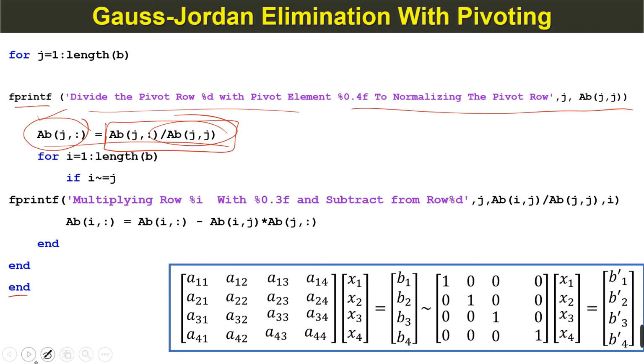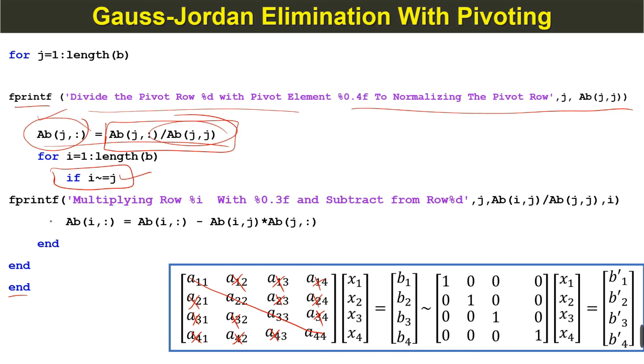Next we use the Gauss Jordan elimination method, in which we eliminate the off diagonal elements. This is the diagonal element, and we eliminate all those elements which are off diagonal, other than the diagonal elements. We eliminate all these terms for i not equal to j, meaning the elements which are not on the diagonal.